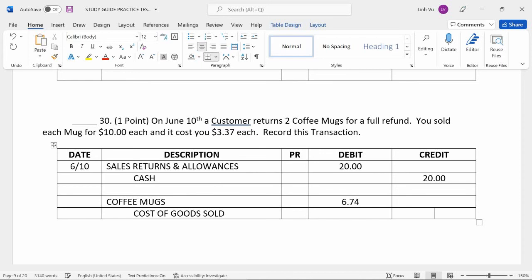Okay, because it cost you $3.37 each, and you're returning those 2 products back into your inventory. It's going to cost you 2 times $3.37, which is $6.74. Good.